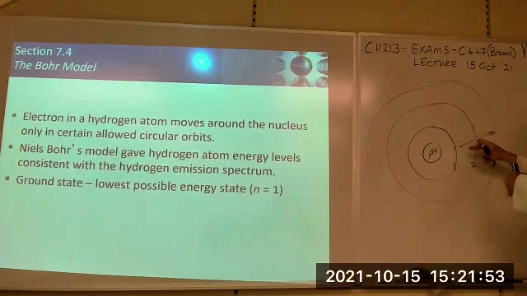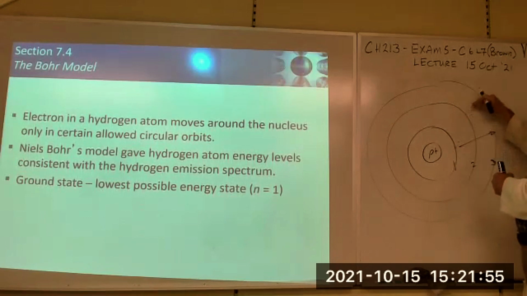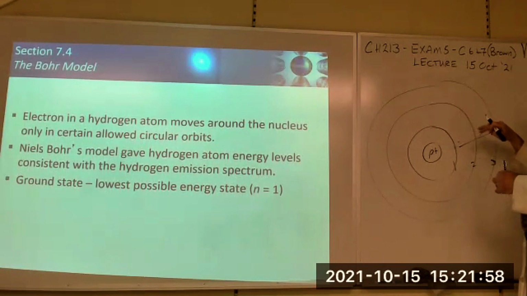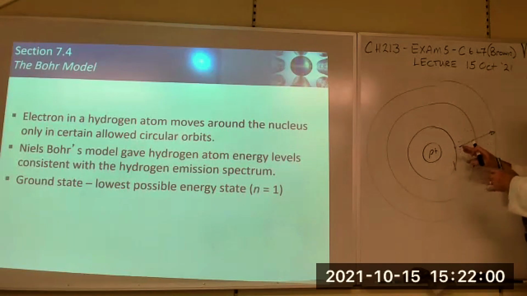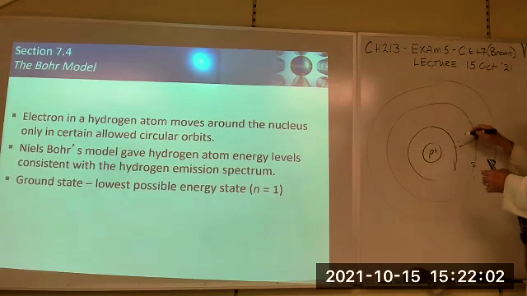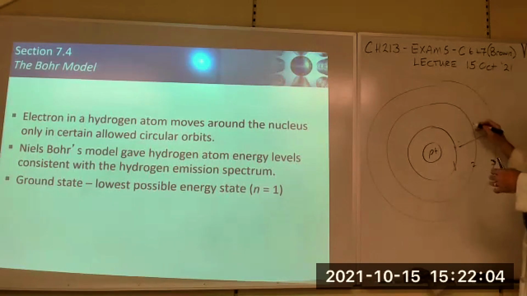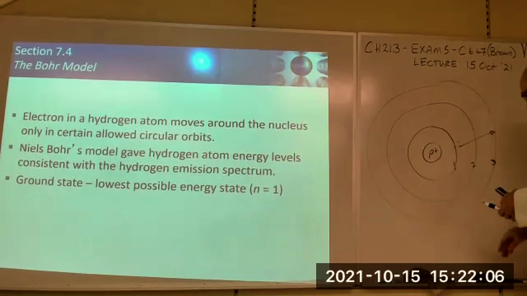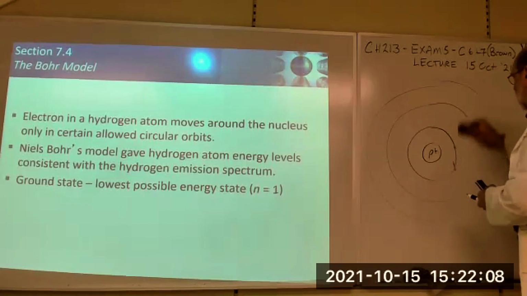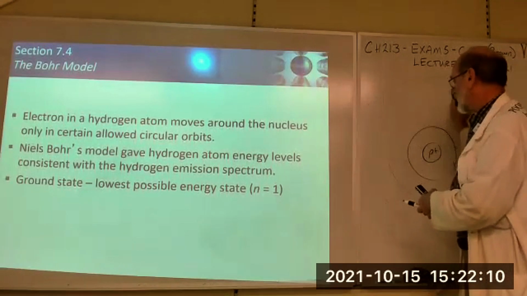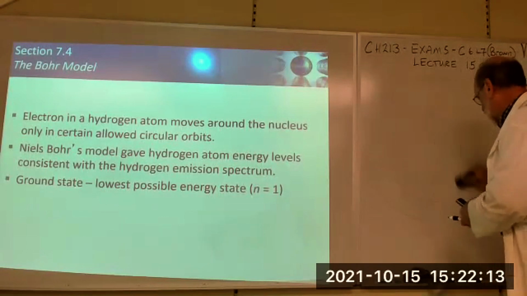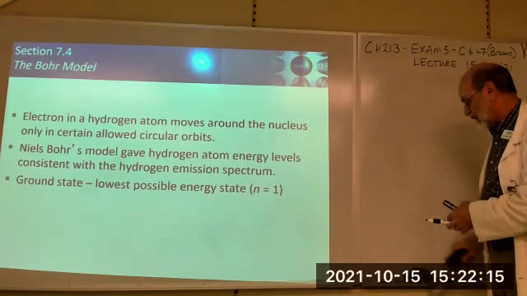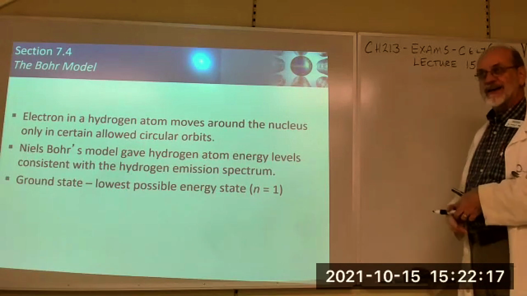As we add electrons, we add them at low energy, and then we keep moving out. They always go to the lowest possible energy state for their ground state, and any additional ones have to occupy higher levels. So that's the ground state. And if we add energy to that electron and make it bump up to a higher level, we call that the excited state.